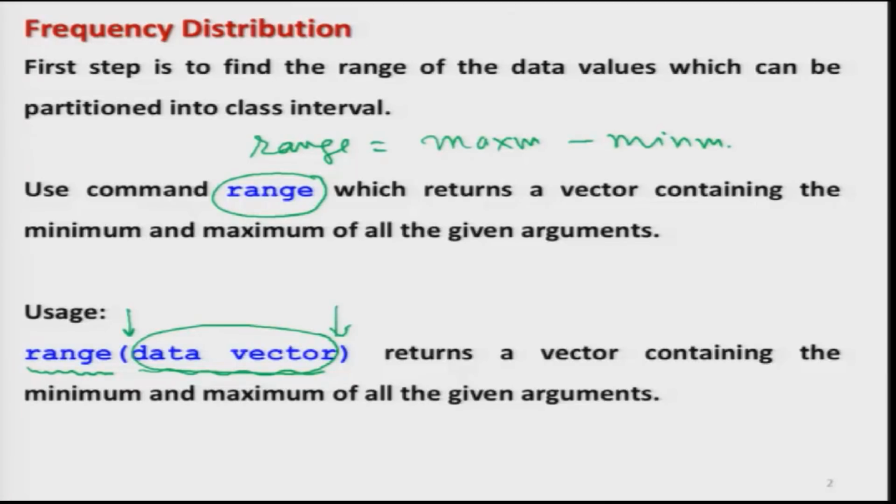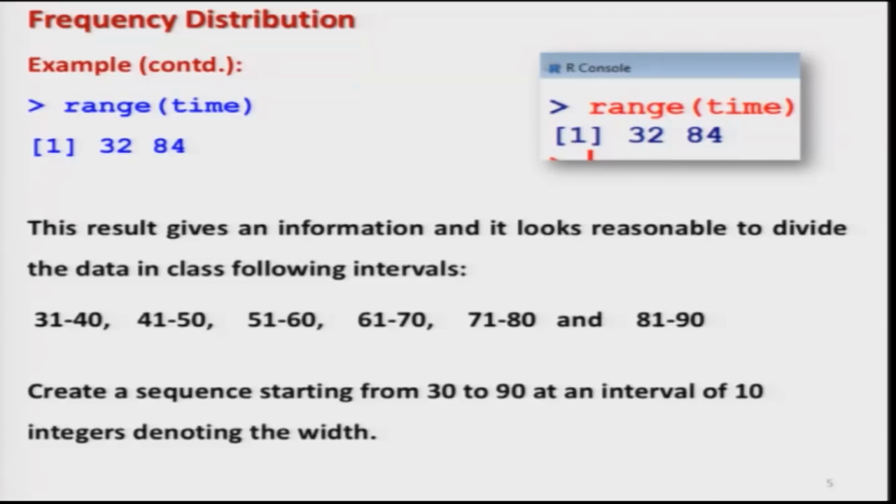What will be the second step? Looking at the value of the range, I have to decide the number of class intervals. I have to decide the width of the interval, and then partition this range into different segments, which we call classes. You can see here I have operated the function range over the data of time, and it gives us 32 as the minimum value and 84 as the maximum value.